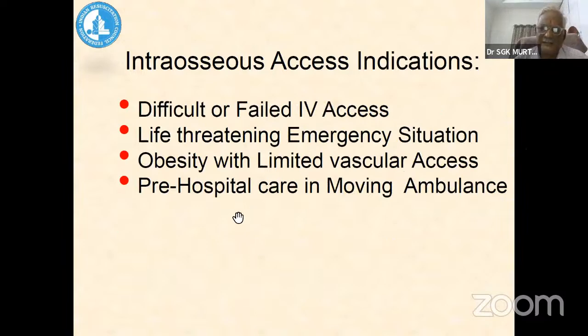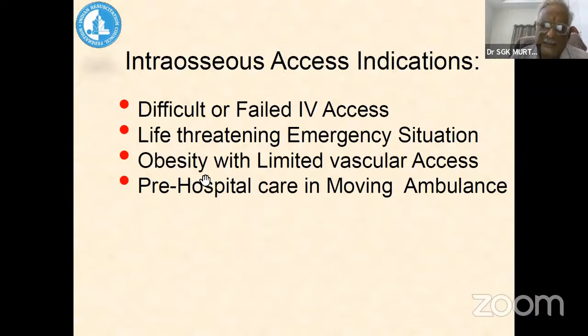The intraosseous line is indicated only when we are not able to get IV access. If the patient comes in shock and we are not able to get access in life-saving emergencies like cardiac arrest, then we can take the intraosseous line.